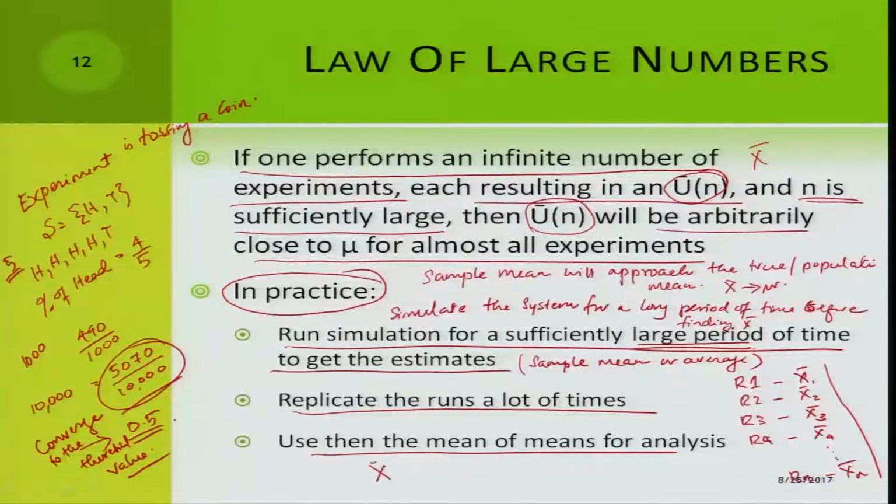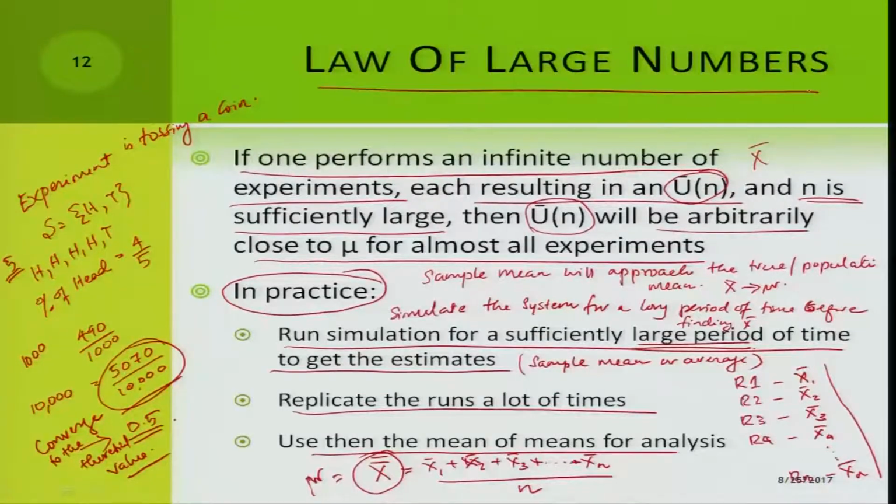So you can calculate x bar bar, which will be equal to x1 bar plus x2 bar plus x3 bar plus all the way until xn bar, divided by n. So you take the mean of these means, each mean you get from a replication. This mean of means will be very close to mu, or this is almost the true estimate of the population mean. That is how the law of large numbers is put into practice.